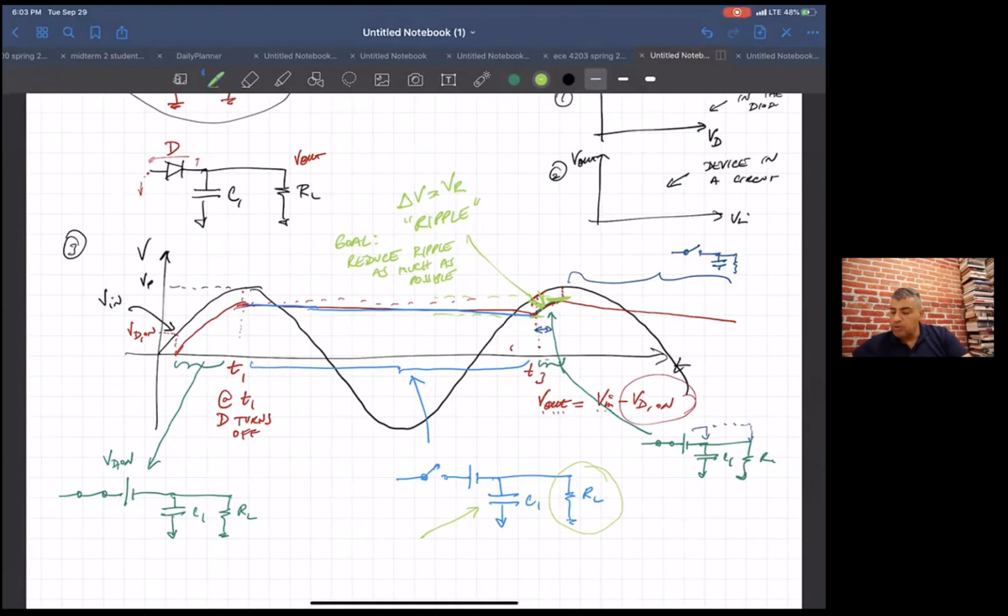What you do have control over, to first order, is the size of this capacitor. That's pretty much what you can pick for your circuit, because somebody else designed this thing and you're trying to use it. This capacitor is typically called a smoothing or filter capacitor.